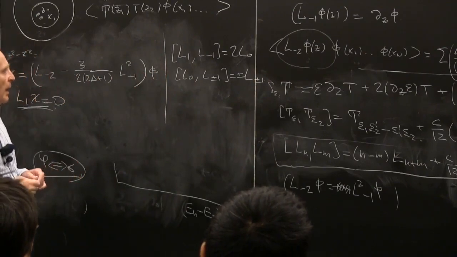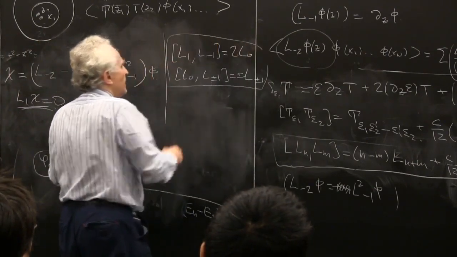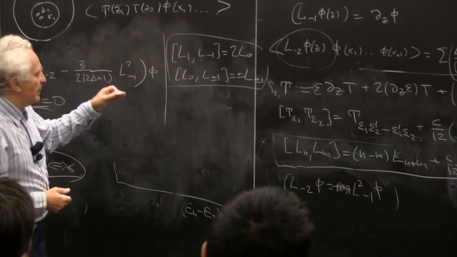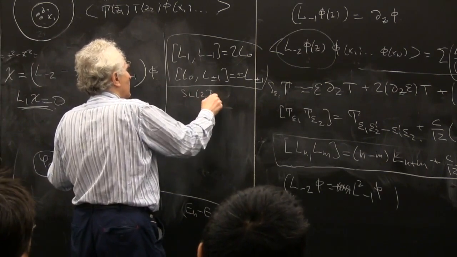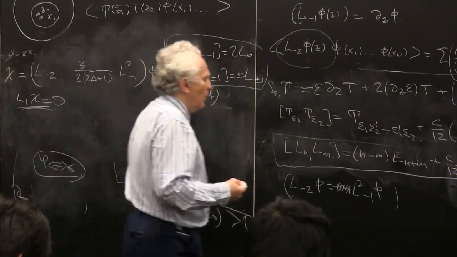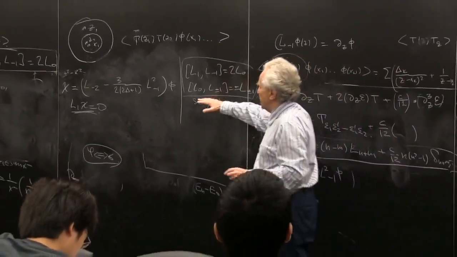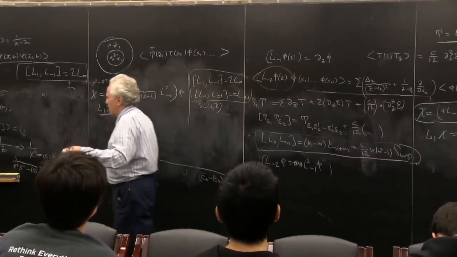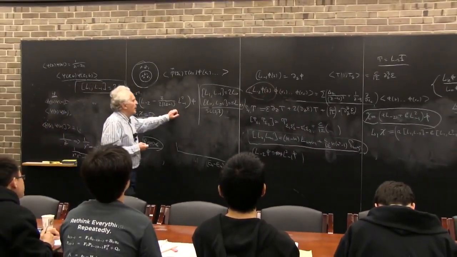This is the algebra of SL2R, and if you complexify it, well, if we have a complex plane, all these operations correspond to some transformations.